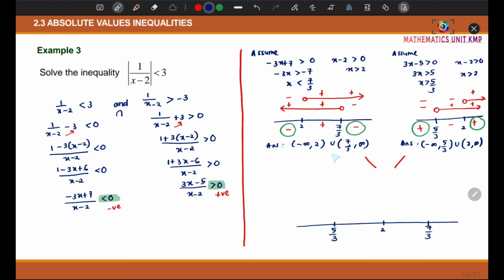For the first part we have negative infinity to 2 and 7/3 to infinity. For the second answer, we have negative infinity to 5/3 and 2 to infinity.